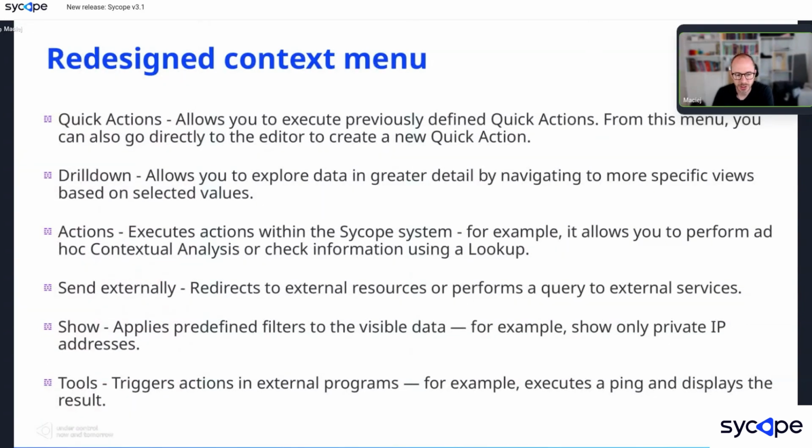And the last position is called tools. The position tools is, as the name suggests, something that will basically run something that you can think of as an external program. Right now, we only have one value in there, to ping the addresses from the Sycope host to the particular IP. But in the future, probably we will add some other mechanisms in here as well.